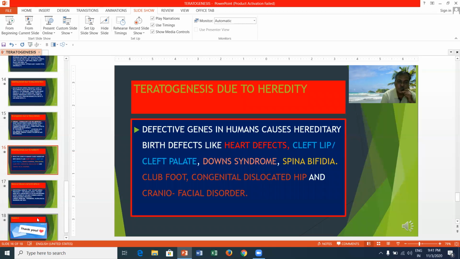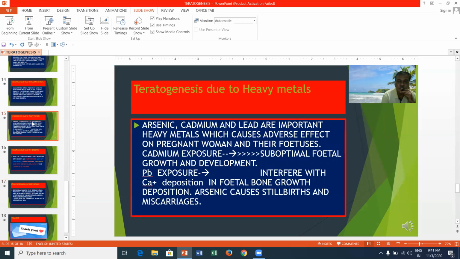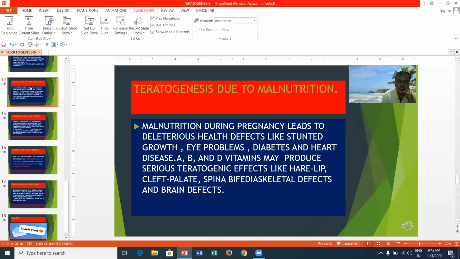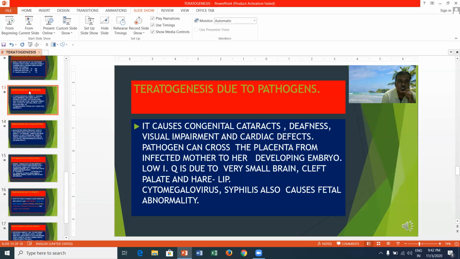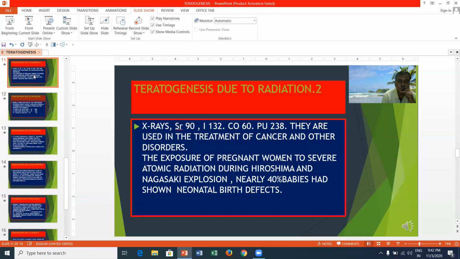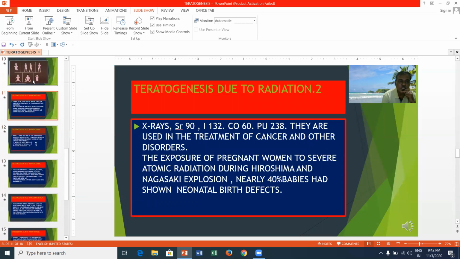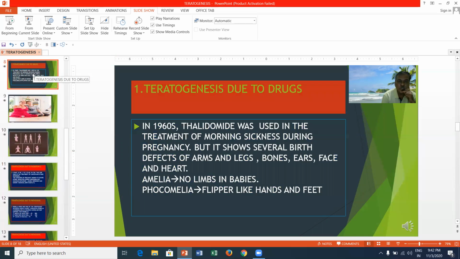This is the gist about teratogenesis. Teratogenesis is due to heredity. Teratogenesis is due to maternal disease and birth defects. Teratogenesis is due to heavy metals. Teratogenesis due to malnutrition. Teratogenesis due to pathogens. Teratogenesis due to radiation. Teratogenesis due to drugs.